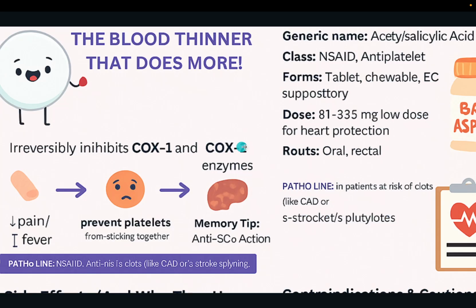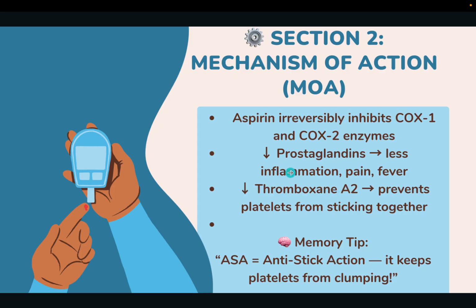This medication, aspirin, is given in low doses and also in high doses. If it's given in a low dose, it has an antiplatelet effect. Okay, what is the antiplatelet effect? It blocks COX-1 and COX-2, which reduces production of thromboxane A2.